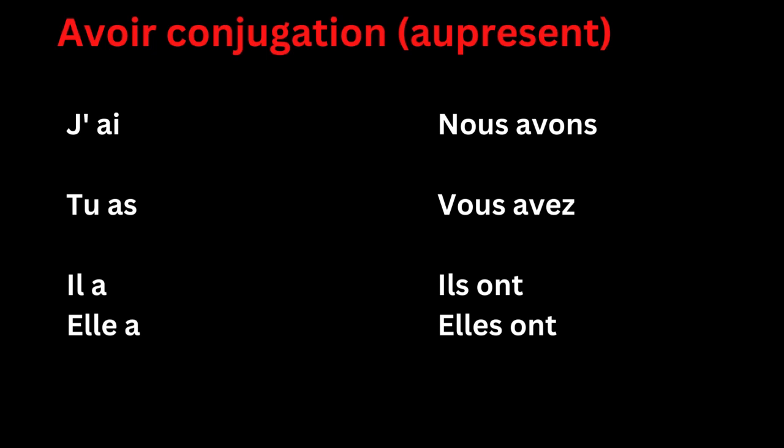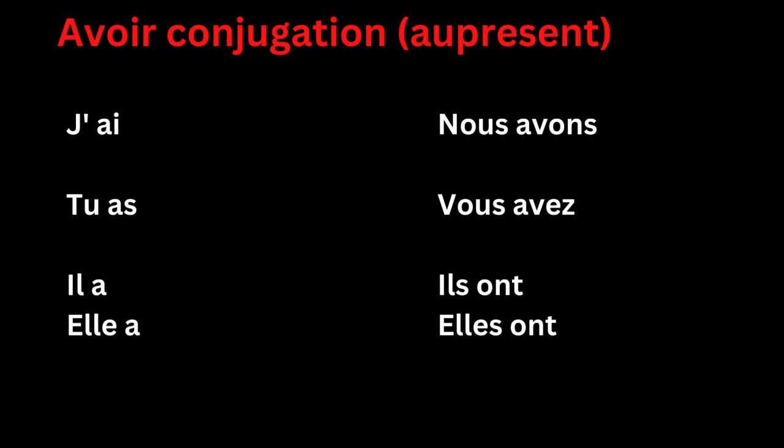For example, my student will refer to me as vous, not tu. Myself, I can call my student tu. Say tu as, blah blah. But if it's my student speaking to me, referring to me, they will say vous avez. Okay. Now, there we are right.